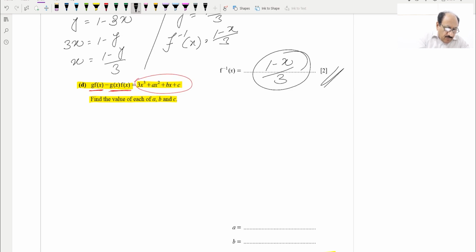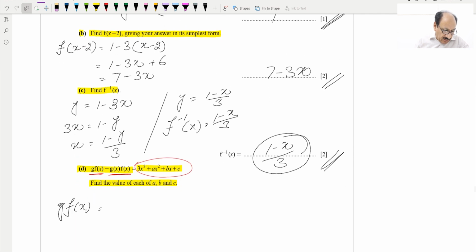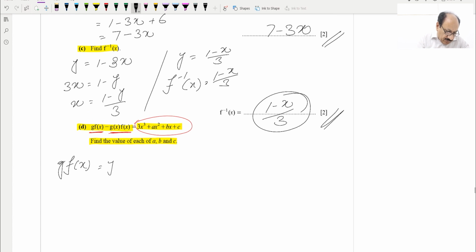Now first of all, g of f of x, which is a composite function. We apply f of x first. f of x is given as 1 minus 3x, so we replace f of x with 1 minus 3x.